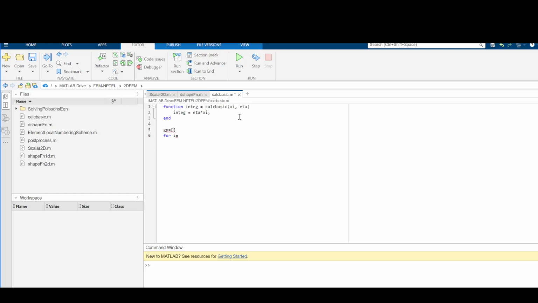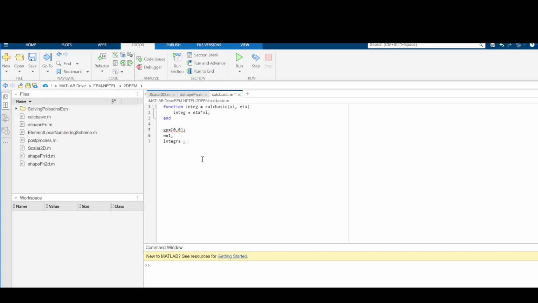Gauss points are 0, 0, and the weight is 1. So what should be our value of integration of eta times xi?